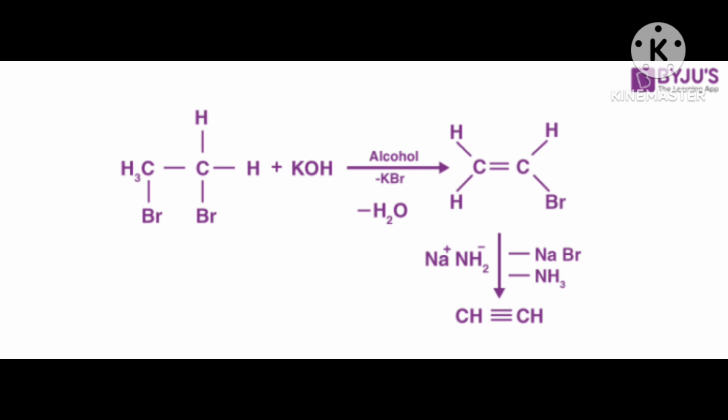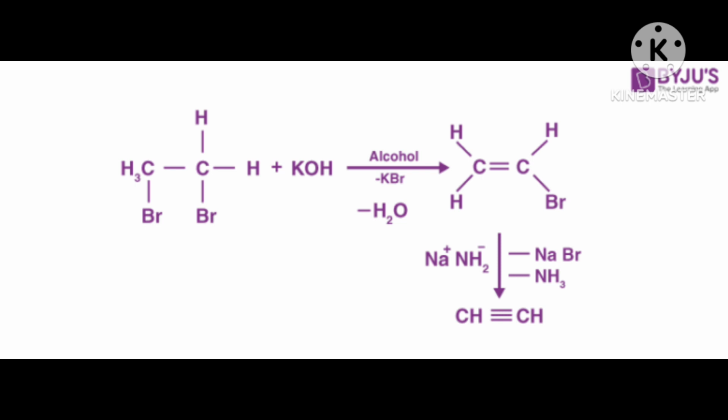Then calcium carbide plus water, CaC2 plus 2H2O, gives two products. The first, main product is acetylene, C2H2. The other product is calcium hydroxide. Correct? This is the preparation of ethine, and the first example of ethine is acetylene gas.